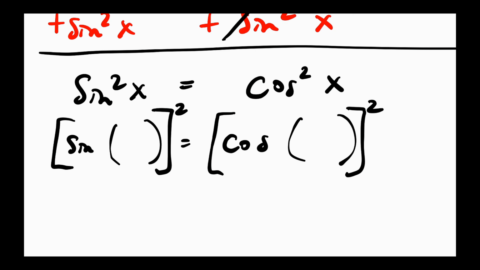Root 2 over 2. What is cosine of pi over 4? Same. That works. So I'm curious because Sebastian had it memorized, right? Some of you might have it memorized. If you don't have it memorized, what should you be doing?